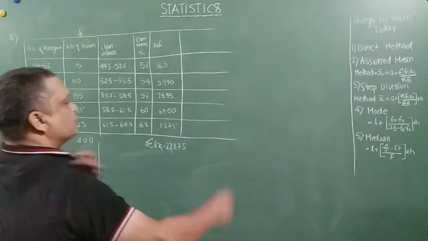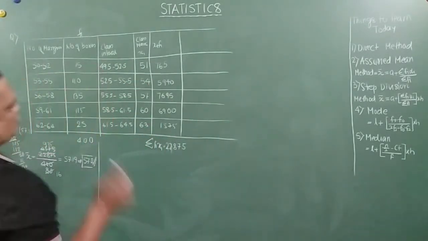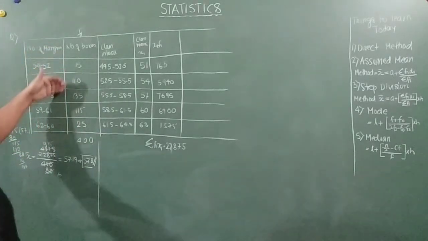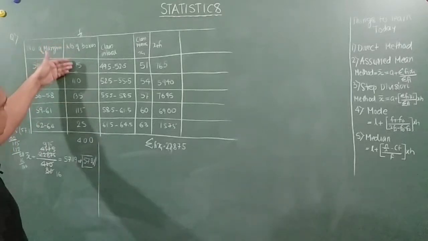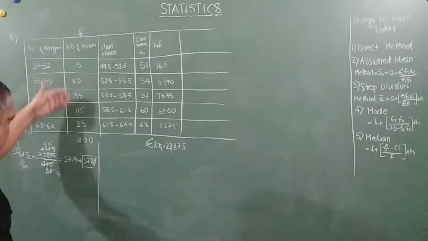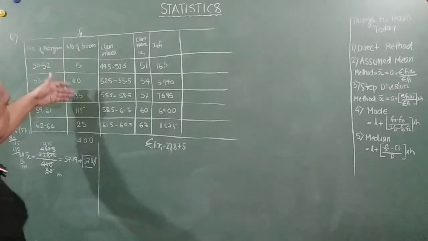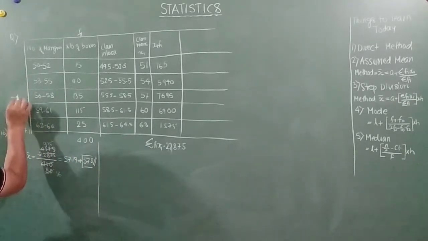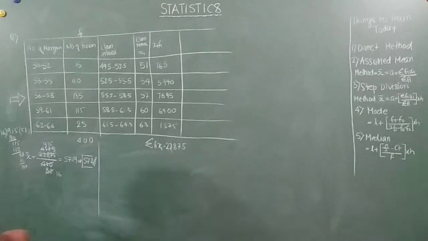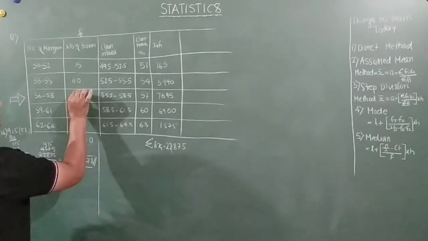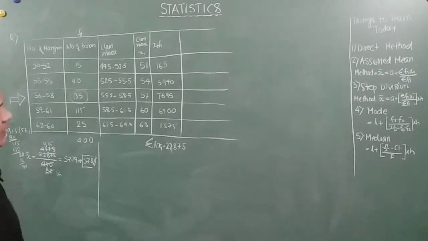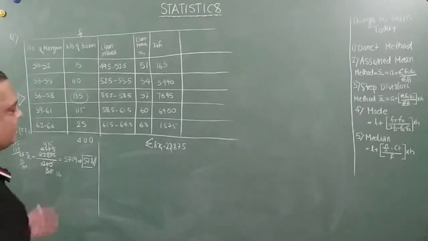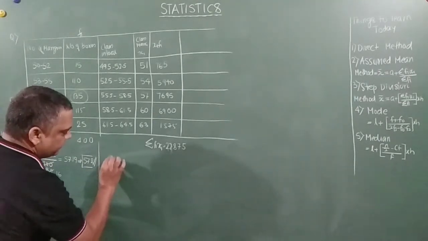Okay, so first the mode. For finding out the mode, we look at which frequency is the highest in this column. So this is highest. Let's say this is my modal class, and this is the maximum frequency. Now we all know the formula for mode.